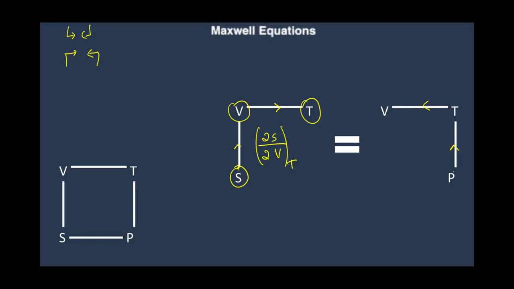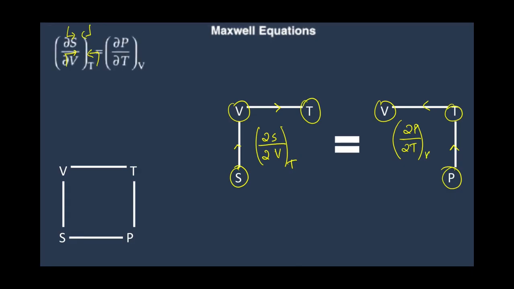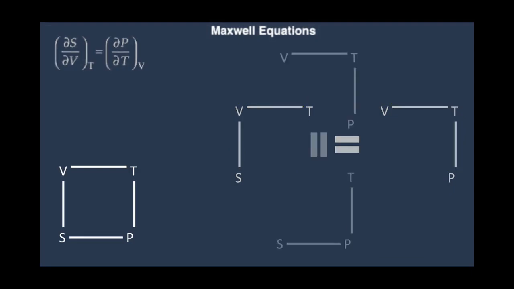Next is dou P, and here dou T at constant volume. So we get the second set of equations, that is dou S by dou V at constant temperature is equal to dou P by dou T at constant volume.